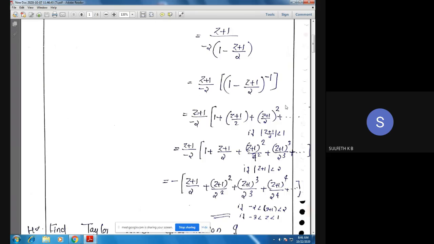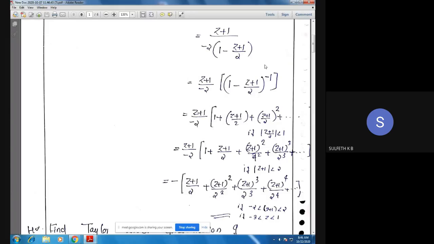Then we can replace the term z by (z+1)/2 in the expansion of (1 minus z) raised to minus 1. Therefore, we get (z+1)/(-2) into [1 plus (z+1)/2 plus ((z+1)/2)^2 plus ((z+1)/2)^3 plus etc.]